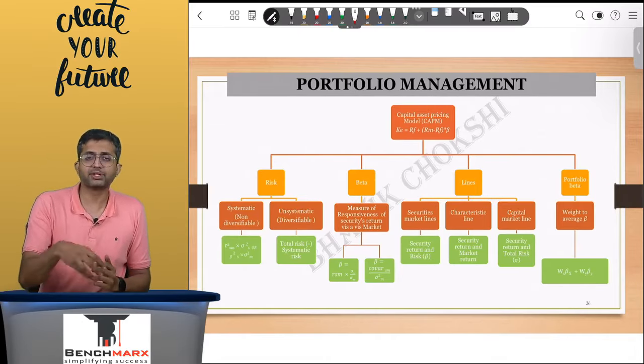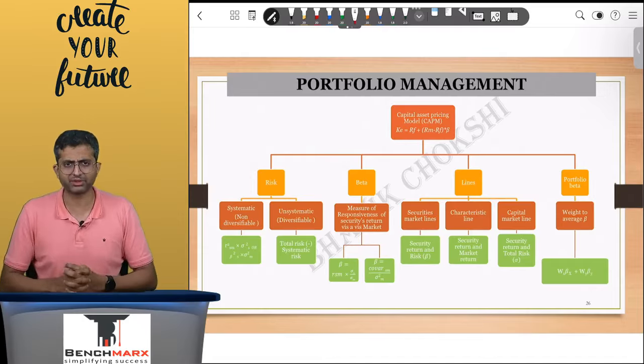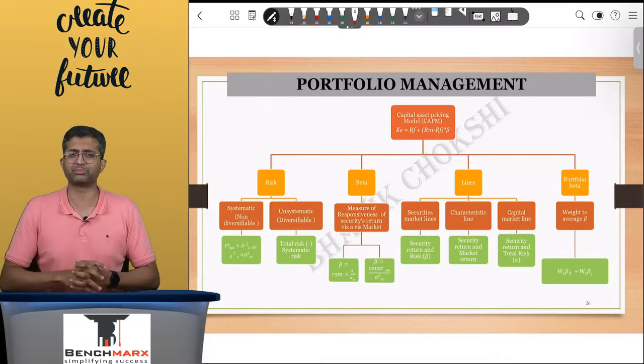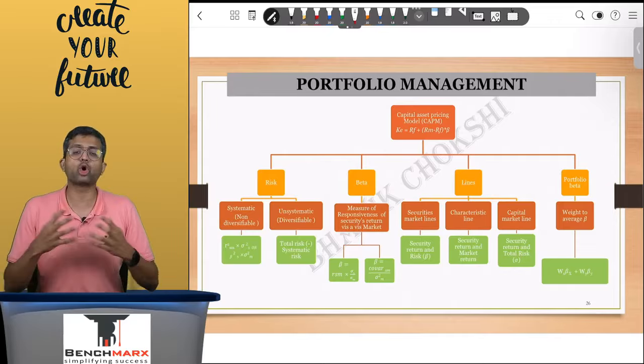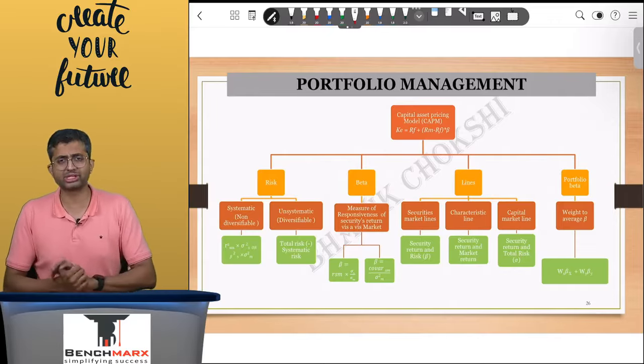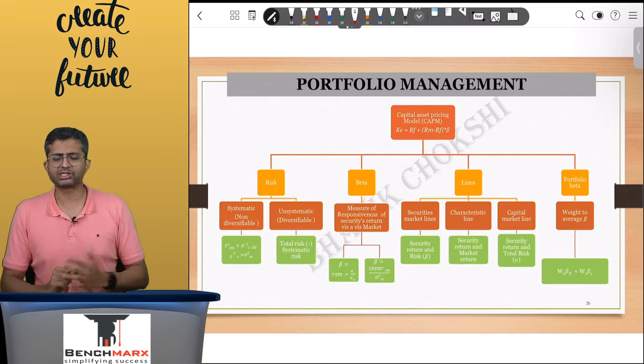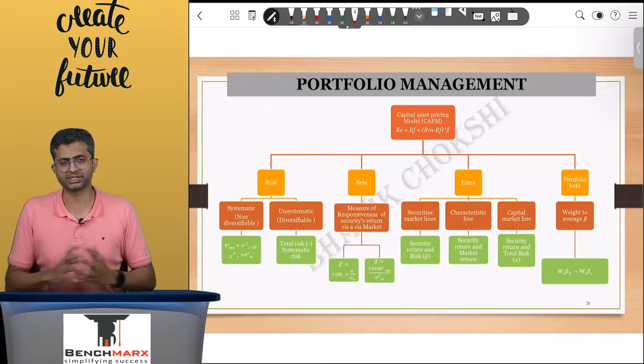Systematic risk refers to the risk which is inherent in the market, which cannot be removed or eliminated by diversification, like the GDP falling, wars happening, tax rates changing. These are all systematic risks. However, unsystematic risks are those risks which can be done away, diversified, like death of a CEO or, let us say, labor strike in a factory. These can be diversified away.